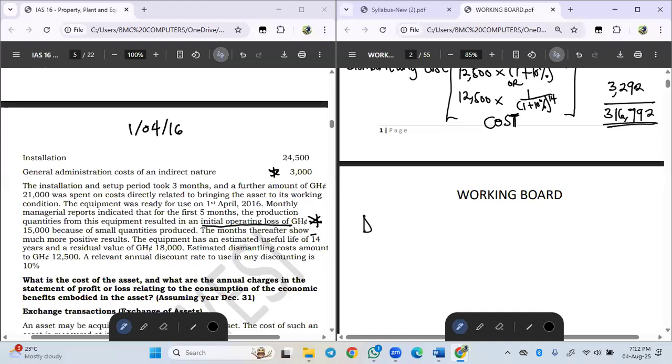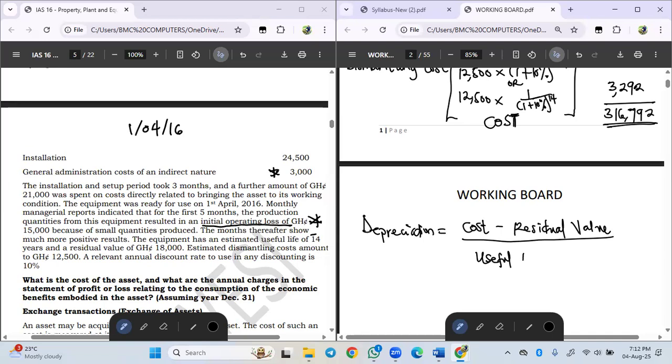Although we've not started depreciation as a subtopic, I want us to use this opportunity to introduce depreciation. Depreciation is the cost of the asset minus the residual value, if any, divided by the useful life.